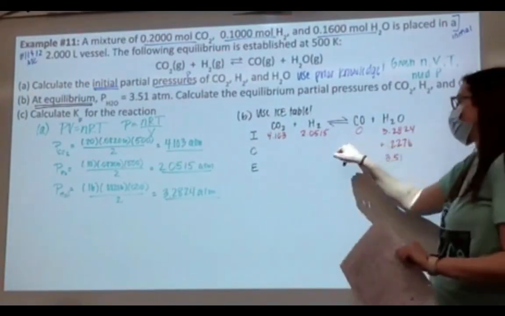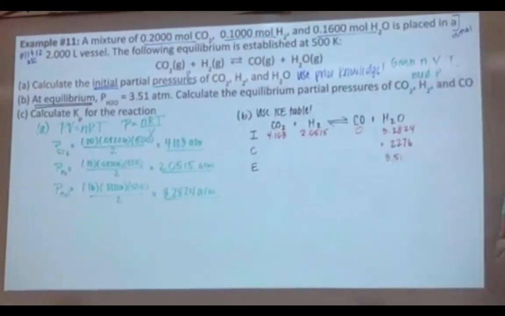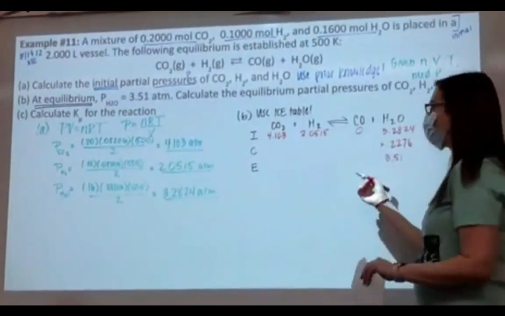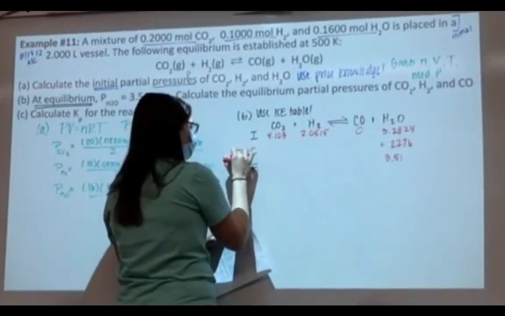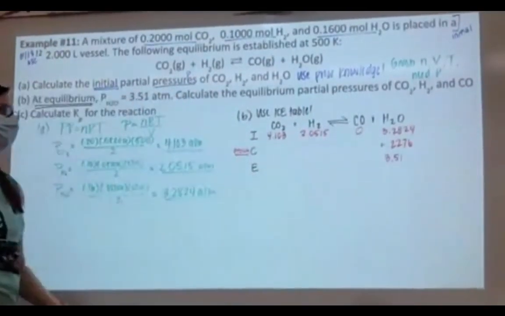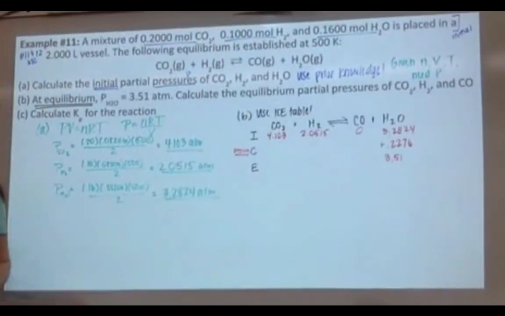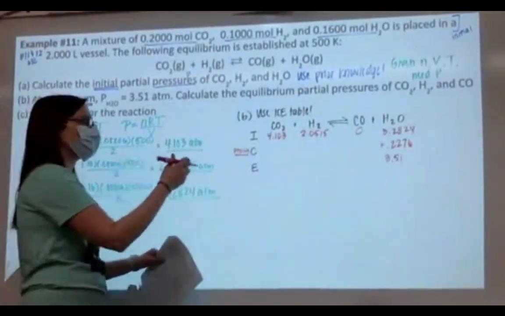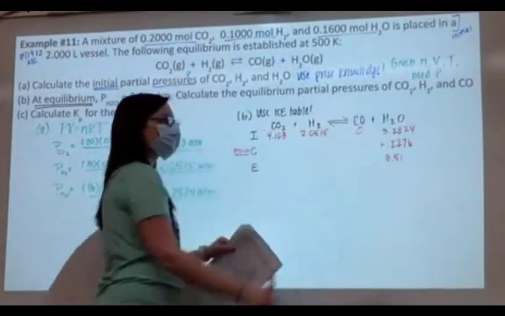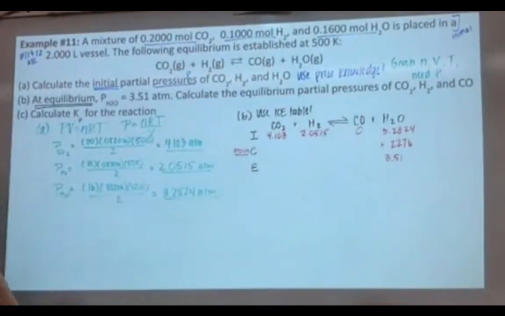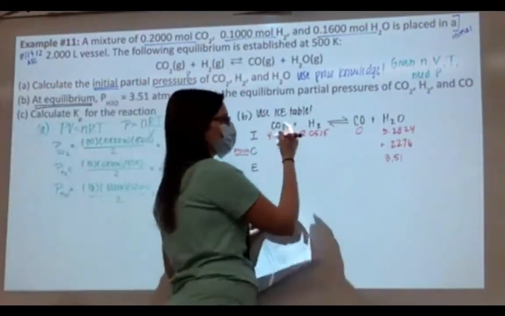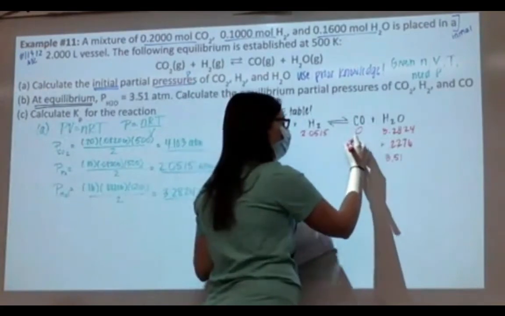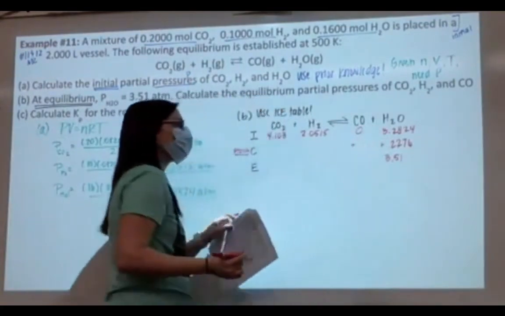Then the change row. This is the row that's based on stoichiometry. So the change, and I'll make this note, this is based on stoich. It's based on the coefficients. Well, what are all of your coefficients? Coefficients for every single substance is 1. So all of the values of the changes are going to be the same because they're all the same coefficient. But here's the difference.